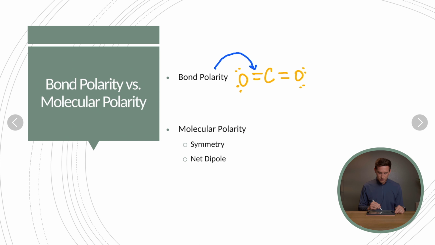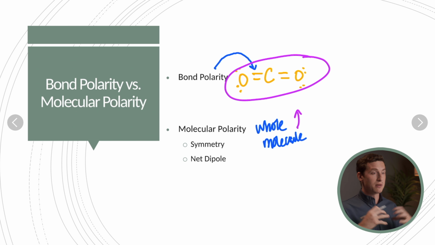Molecular polarity is where you're looking at the whole molecule. In other words, you're looking at the big picture, if you will. That's the difference. With bond polarity, you're just looking at the bond itself. In molecular polarity, you're looking at the entire molecule.